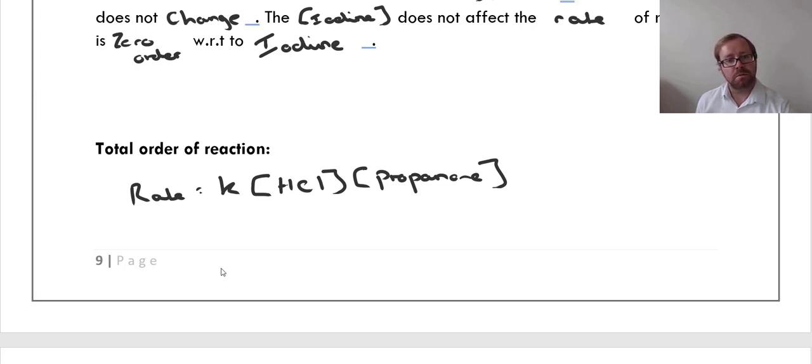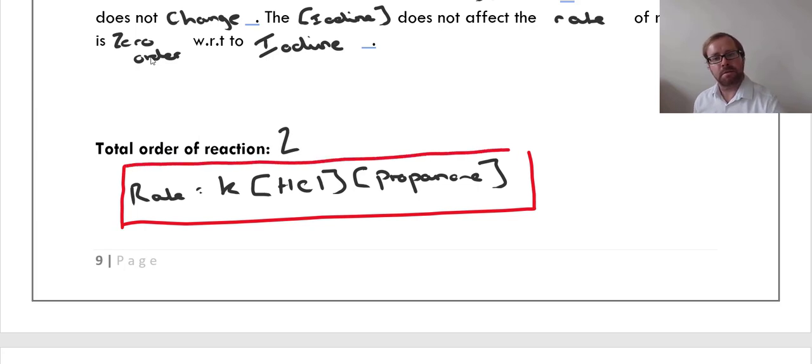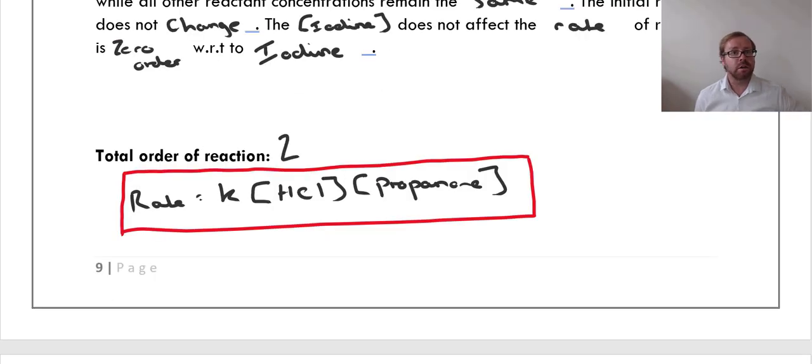Therefore, 1 plus 1 equals 2 as the total order of reaction, and here is my rate equation. Okay, I hope this is starting to make a bit more sense. It is a tricky subject, so I'd recommend you going away and doing some practice questions. Okay, so moving on.